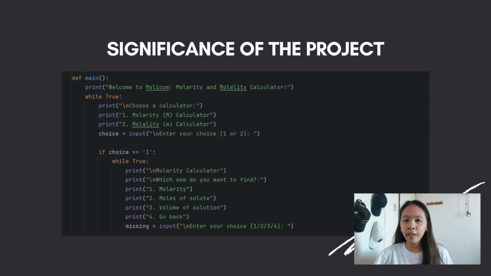In relation to our current program, this project is highly relevant to Bachelor of Science in Chemical Engineering, as it provides students with a practical tool for calculating solution concentration, an essential skill for designing processes and conducting experiments. By incorporating Python programming, the project enhances computational skills crucial for modern chemical engineering tasks such as process automation and data analysis.